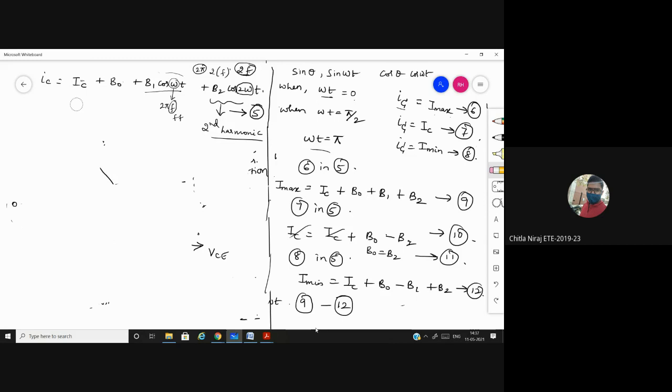So on rearranging it, what we can get is the value for B1. B1 is equal to Imax minus Imin by 2.